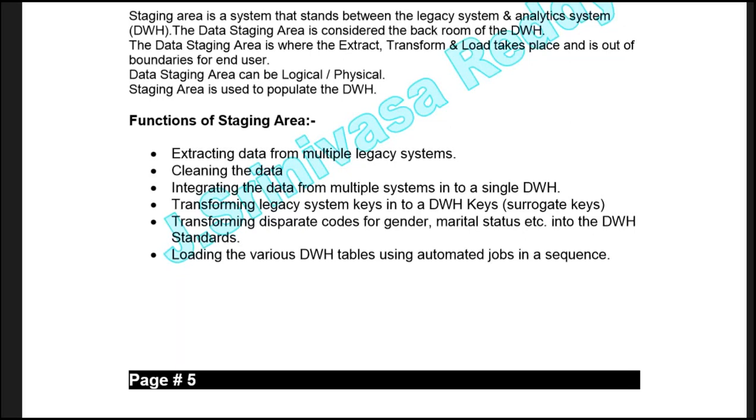Those primary keys are known as surrogate keys. So you have to convert your source system key columns into data warehouse key columns. That is surrogate keys. So transforming the legacy system keys into data warehouse keys is also one of the processes.